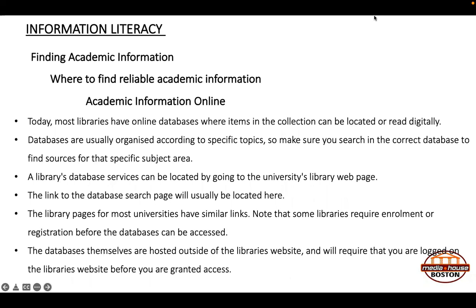UNISA has one, and ANVIT has one, and it's complicated to even understand how to use that. So we need to understand the process of how to search for information in these online libraries. Of course, there will be some enrollment or registration. Sometimes you even have to pay a fee if it's not a university library that you are going to.